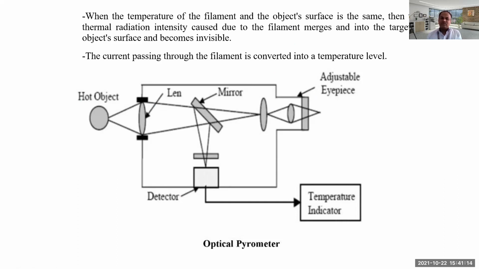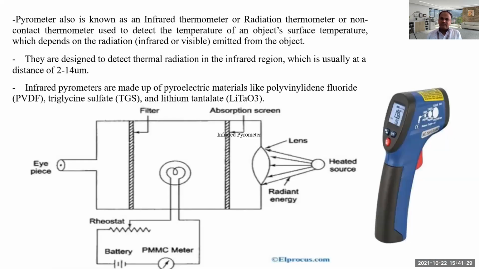So this has been used from around 50 to 60 years back. It has been invented and it has been used in industry for temperature detection. But this infrared thermometer or radiation thermometer you might have seen in COVID. Everywhere in the COVID situation, we are using this type of thermometer.